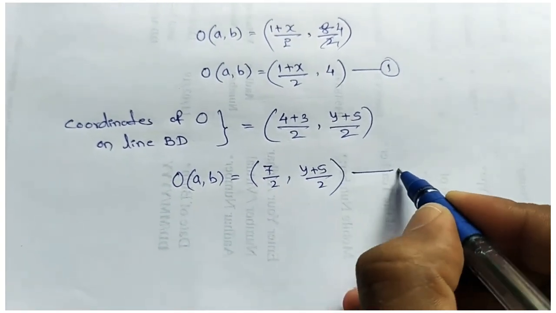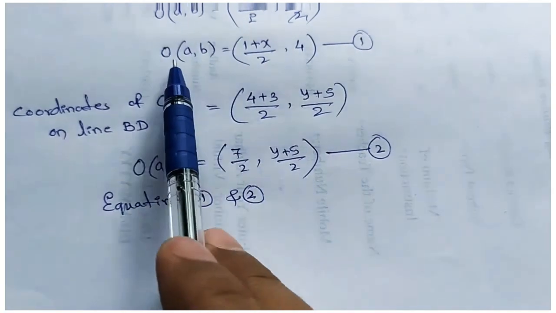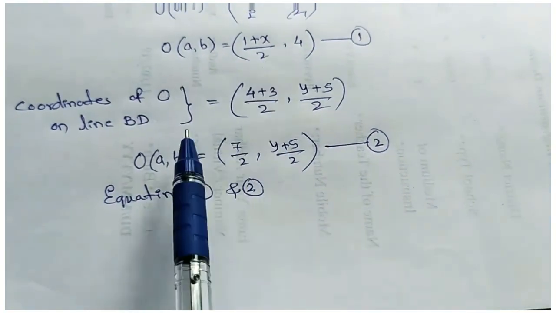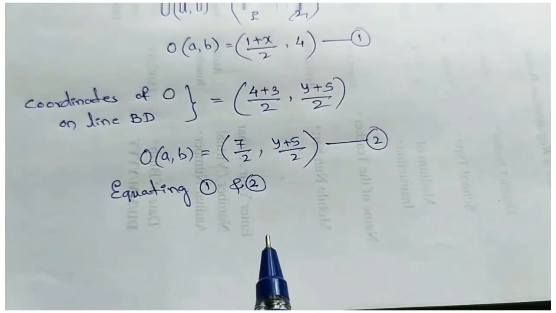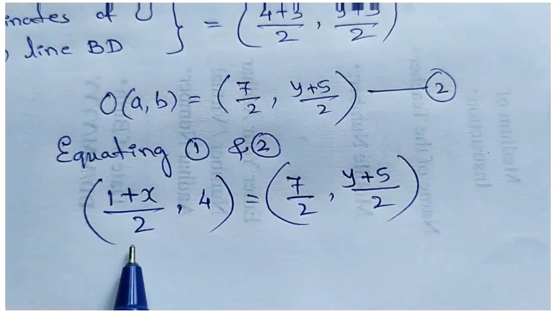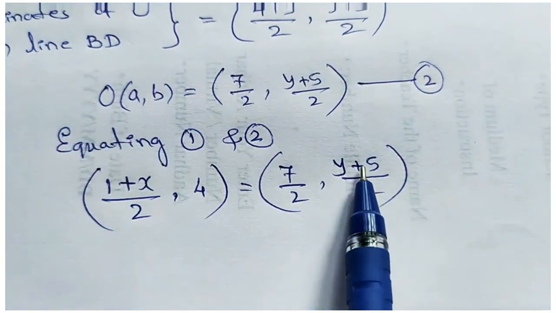So O has the coordinates (7 by 2, y plus 5 by 2). This is our equation number 2. Equating 1 and 2. Why equating? Because here also it is O coordinates, and here also it is O coordinates. So we get (1 plus x by 2, 4) equal to (7 by 2, y plus 5 by 2).